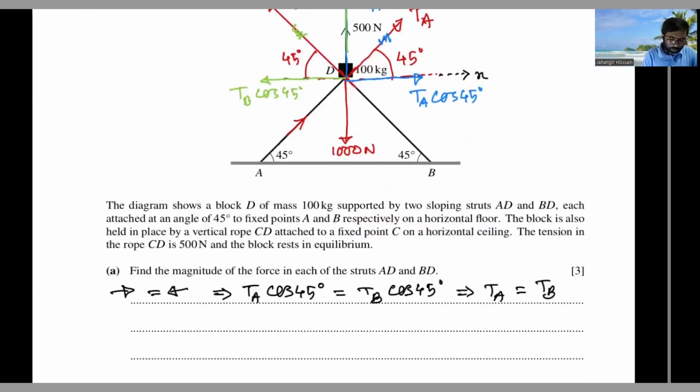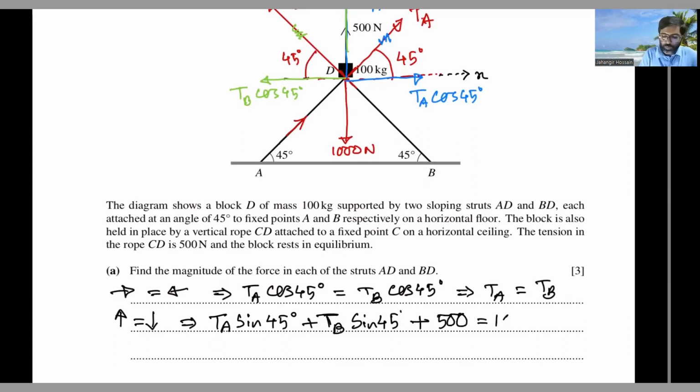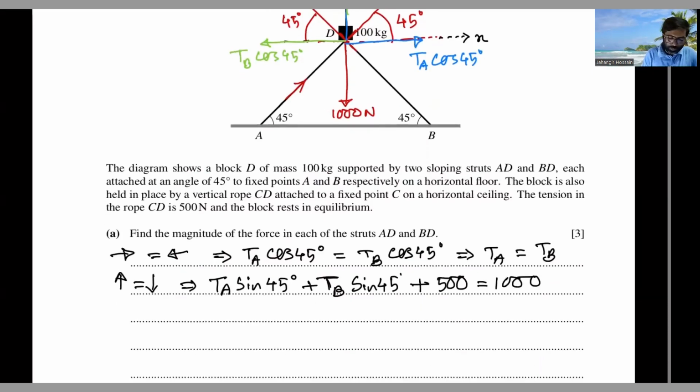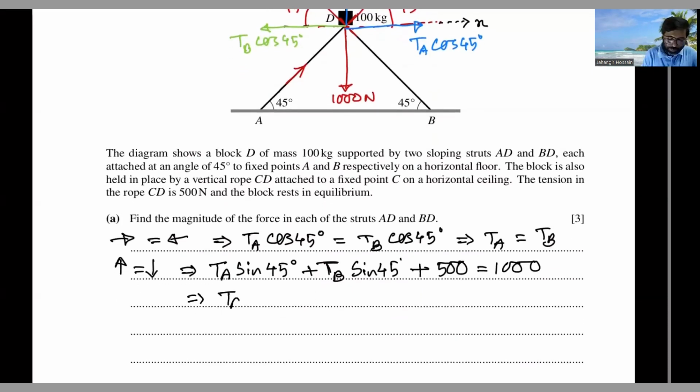Now, resolve vertically. Upward forces are TA sin 45 plus TB sin 45, plus the tension from the rope, 500, equal to the weight force.